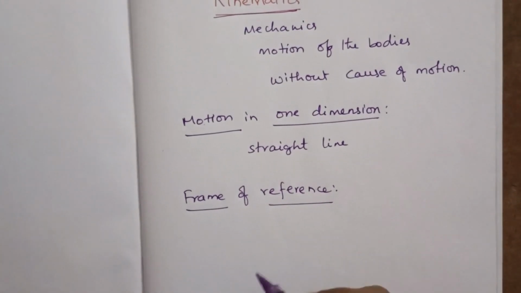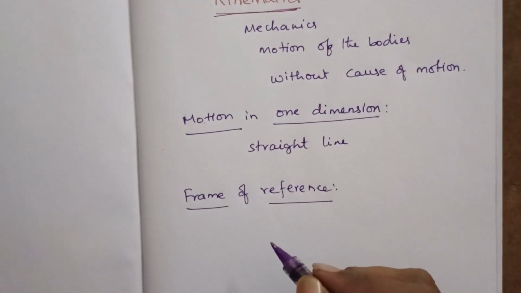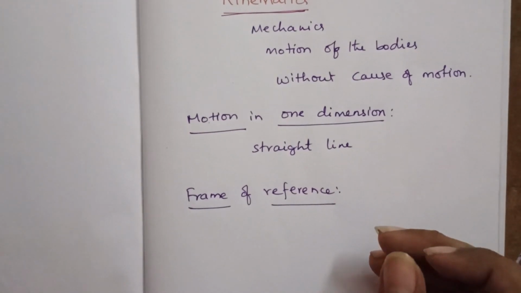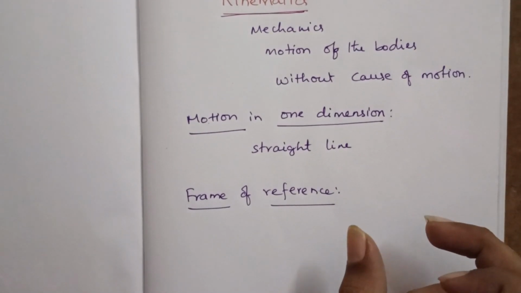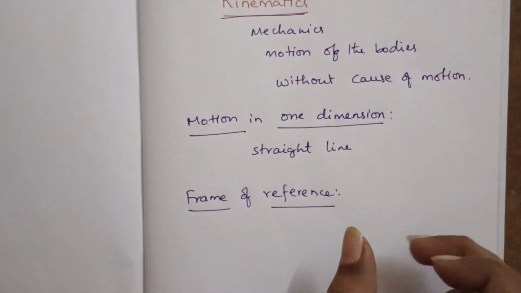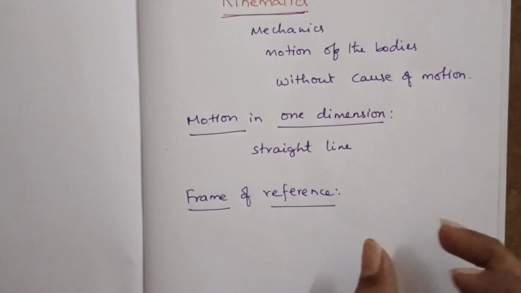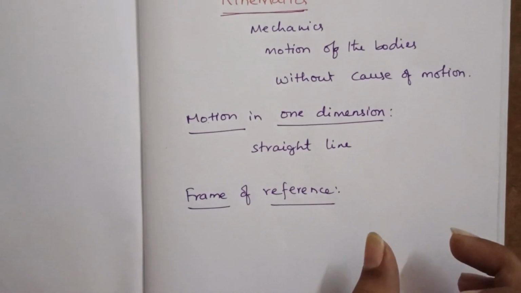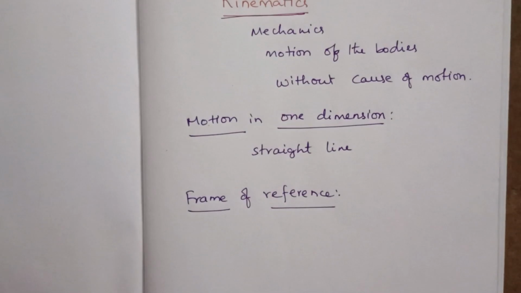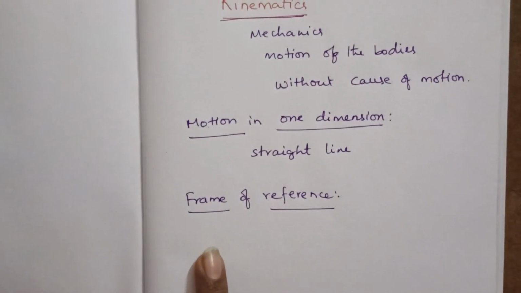In earlier classes, we discussed a body at rest and a body in motion. A body is at rest means it is not changing its position with respect to surroundings in a given time. Surroundings means an observer, and in a given time means a clock is needed. That is what a frame of reference is.